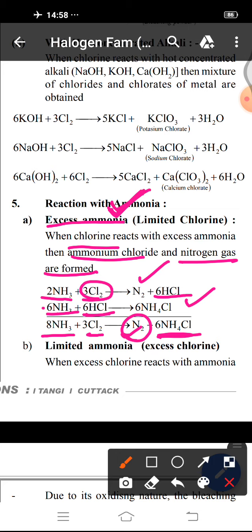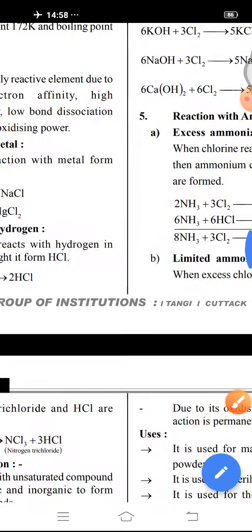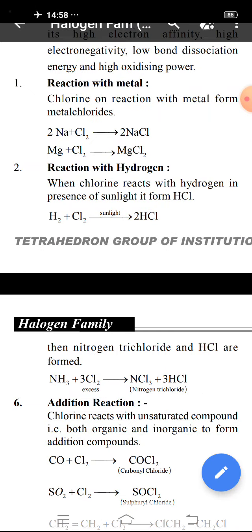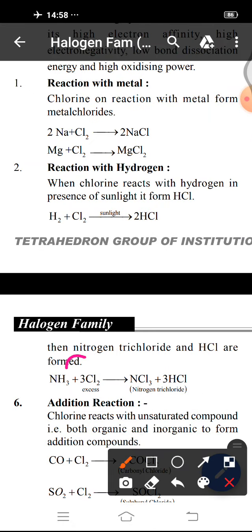When chlorine reacts with limited ammonia, that means chlorine is taken in excess amount. When excess chlorine reacts with ammonia, the hydrogen is displaced by the chlorine atom.